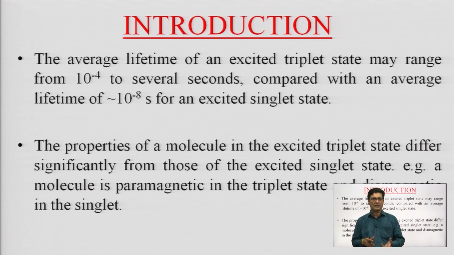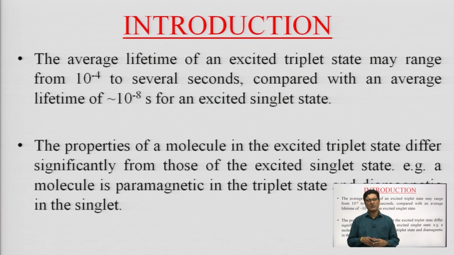So, we can clearly see that the lifetime of the triplet state is quite longer as compared to the excited singlet state. When the electron jumps to the triplet state, it spends relatively more time there. This has some other consequences that we will discuss later.